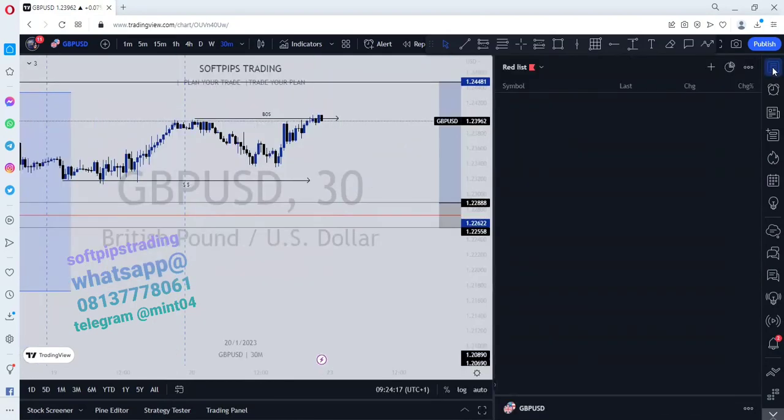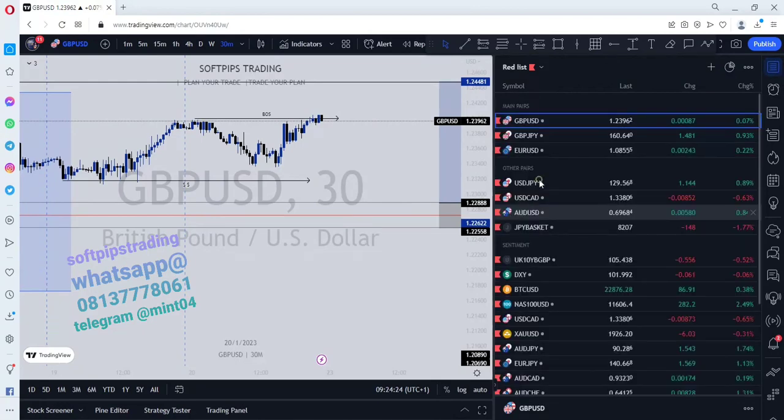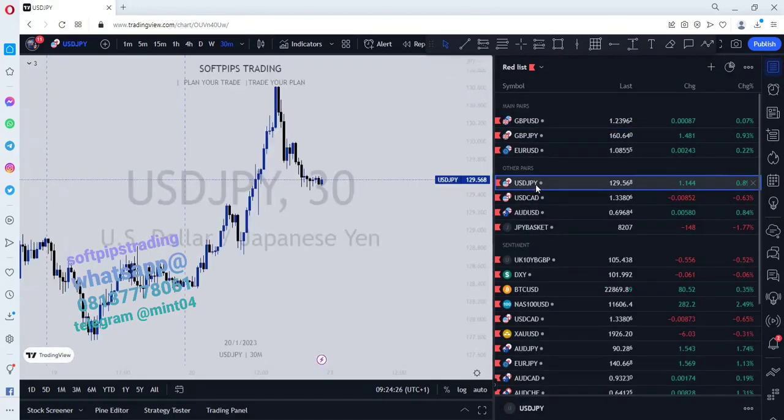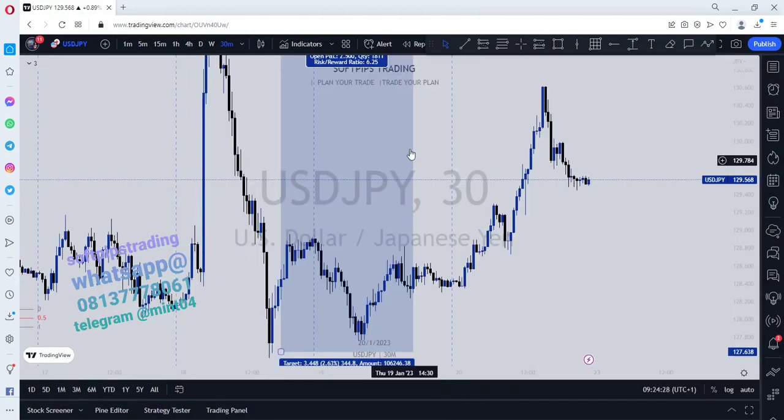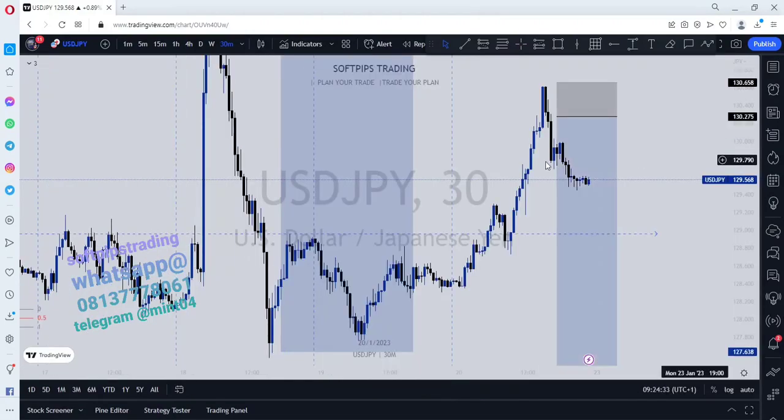Then on the yen pairs, we had a loss last week.